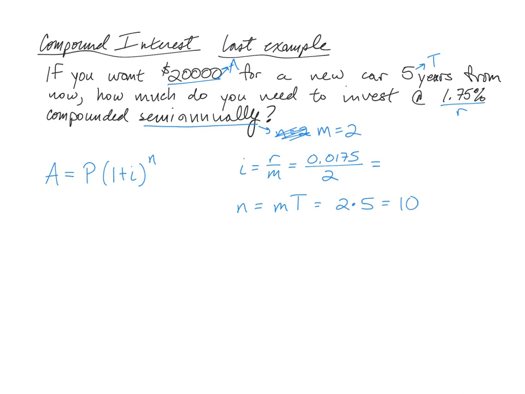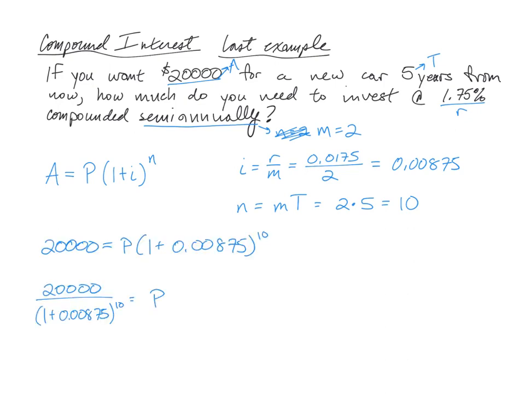Let me get the number for the interest rate per compounding period. All right, here's the interest rate per compounding period, 0.00875. So now that we have figured out these numbers, we can just plink them right into the formula. So n will be 10, this will be 0.00875, p is p, we don't know p, we're looking for p, and a is 20,000.